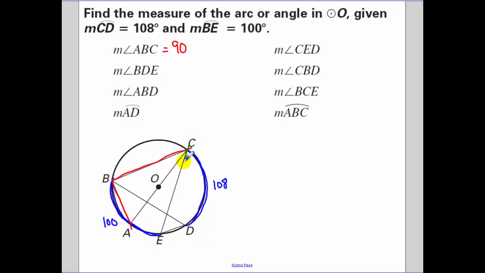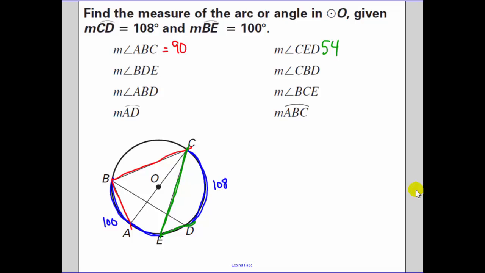All right, next, angle CED. Now it's kind of hard for you guys to see, but that intercepts arc CD. So therefore, that's equal to half of that measure. Therefore, angle CED would equal 54.